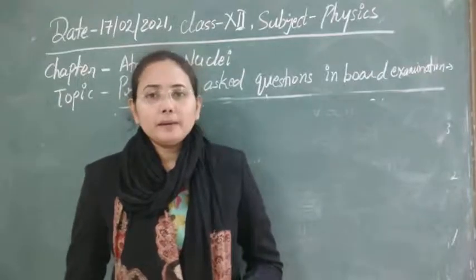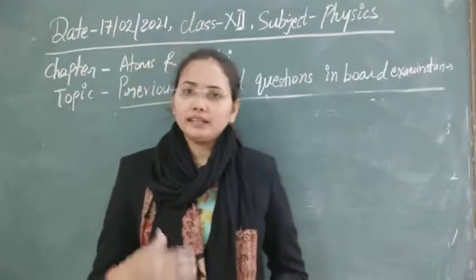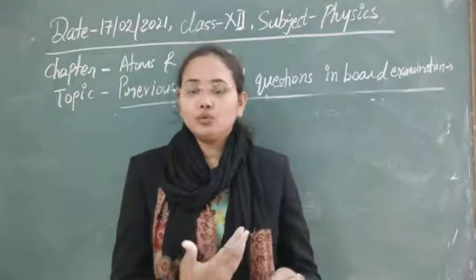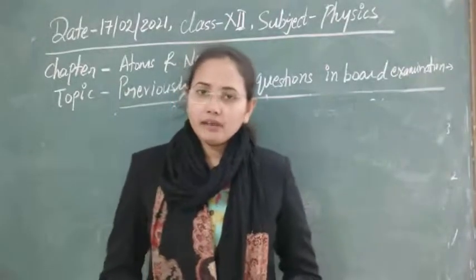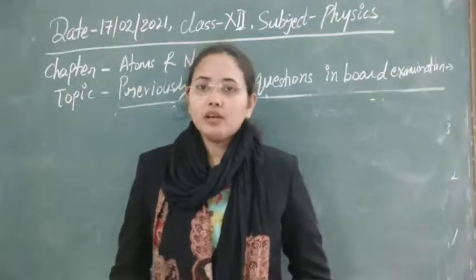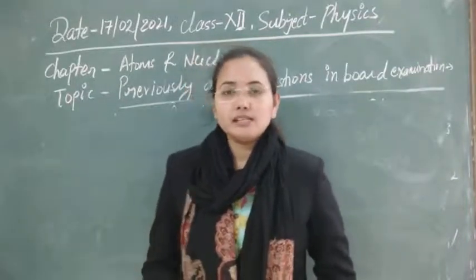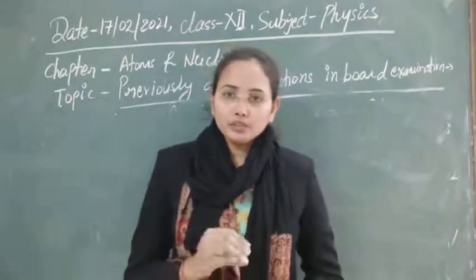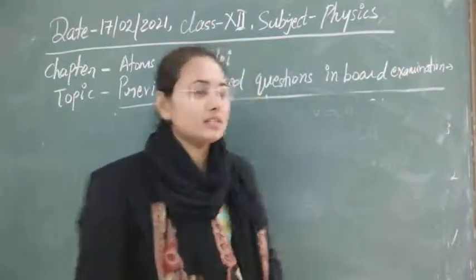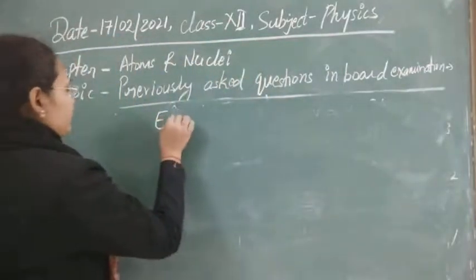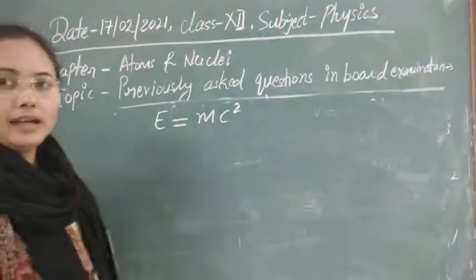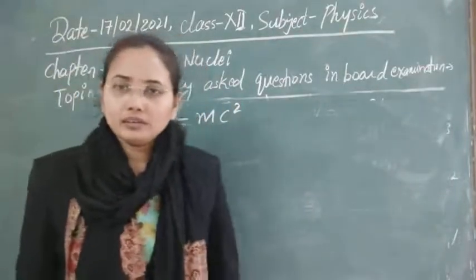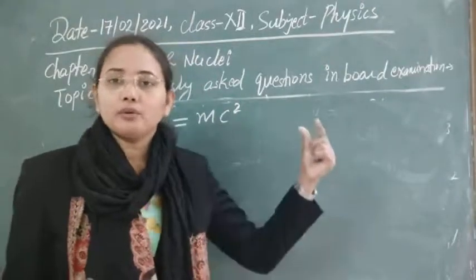So basically, from where do we get this binding energy to bind two nucleons together? If we have any massive particle, then according to Einstein's mass-energy equivalence, it will have, due to its mass, some rest energy, and that rest energy is given by E is equal to mc square.